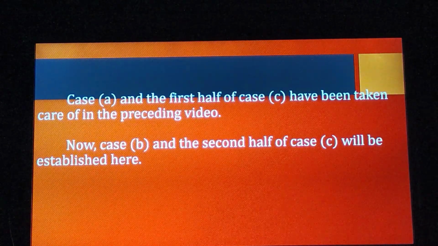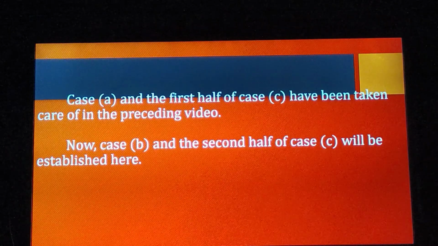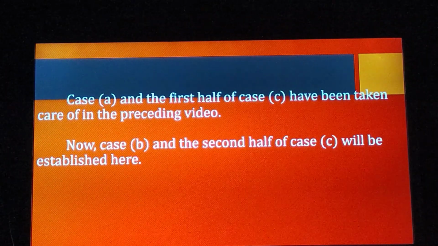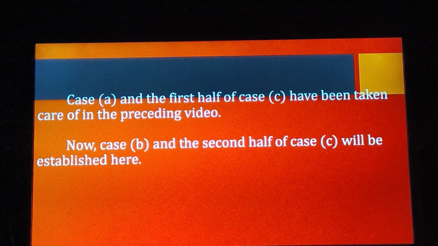Case A and the first half of case C have been taken up in the preceding video. So now we'll consider case B and the second half of case C.